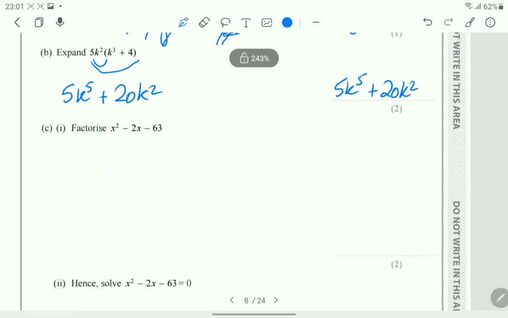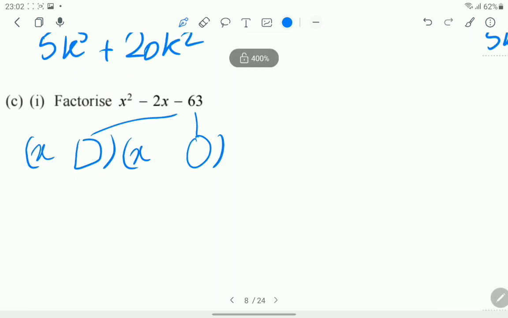Factorize. You need to know factorization for this. So just to give you an idea, there will be 2 brackets, and multiplying those 2 brackets should give us this. So we know there is no number with x, so x and x, if they multiply, give us x squared. Makes total sense. And a number here and a number here would multiply to give us 63. Now it makes sense that the numbers are 7 and 9, and 7 and 9 multiply and give us 63, and something gives us 2x.